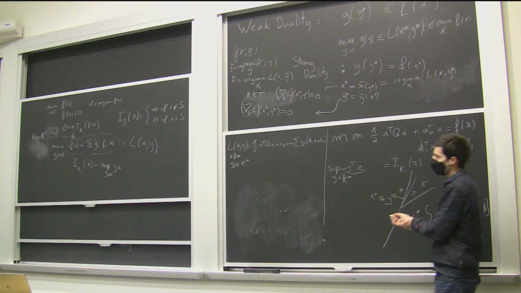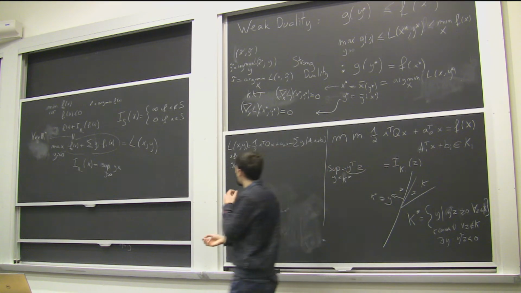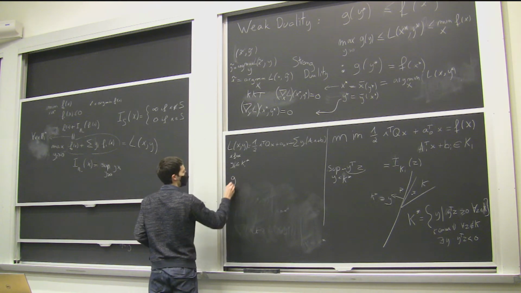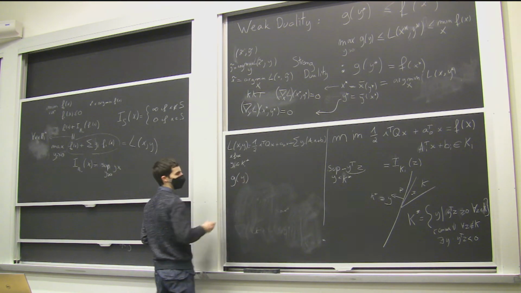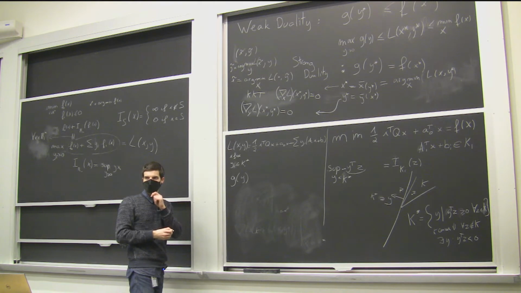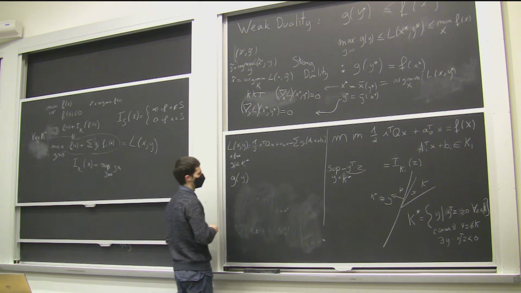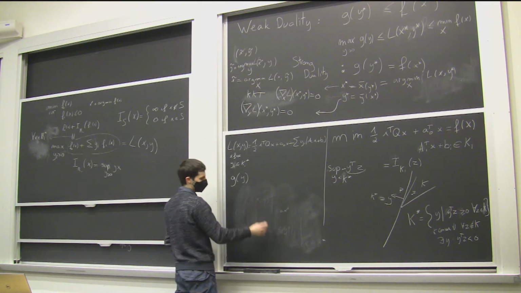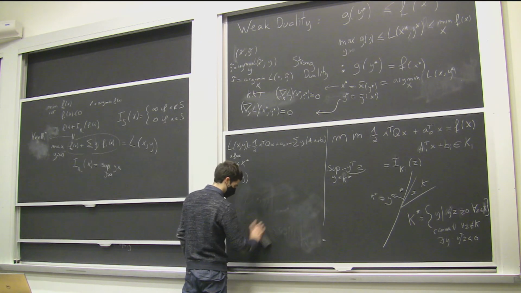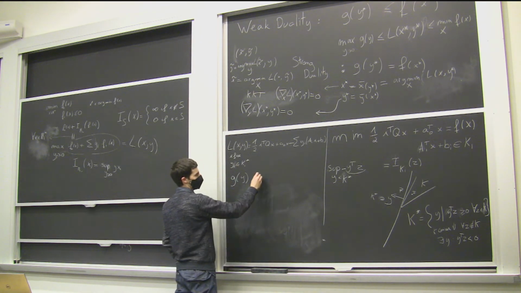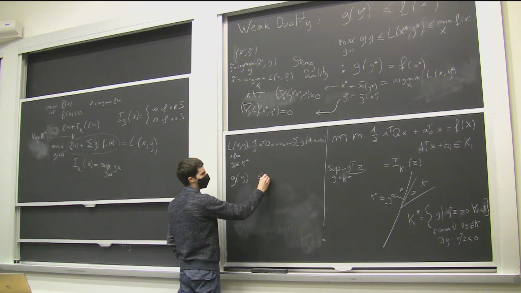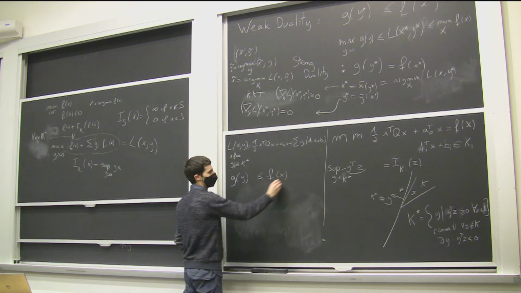What we want is the dual: some function that only depends on y, and that will always give us a lower bound to our primal program.